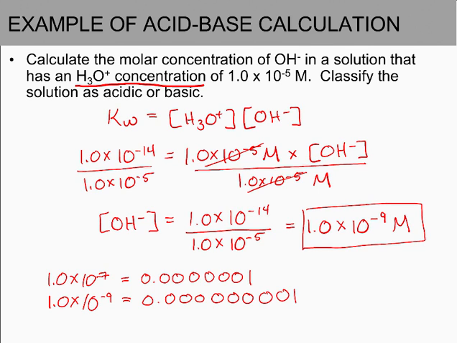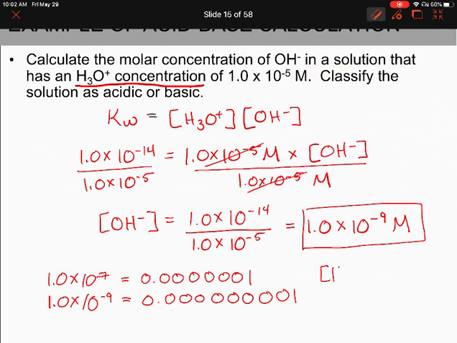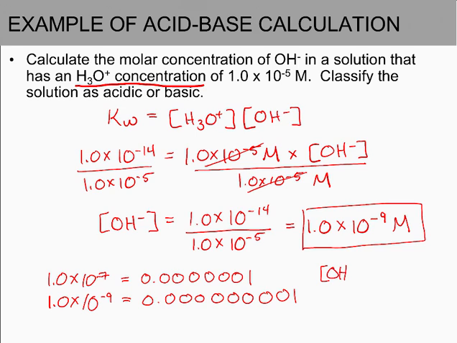I think I did that right. So we can see that 1 times 10 to the negative 9th is a lot smaller than 1 times 10 to the negative 7th. So that means that the hydroxide ion concentration is less than 1 times 10 to the negative 7th.